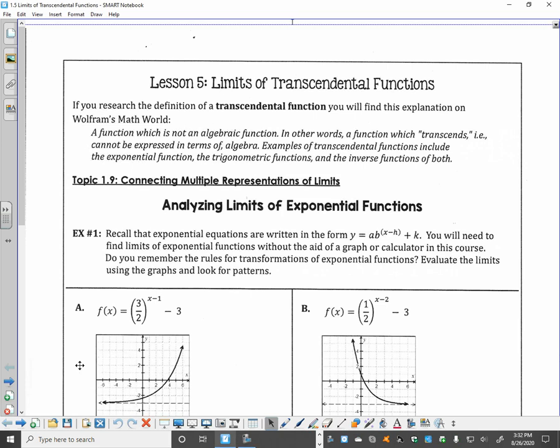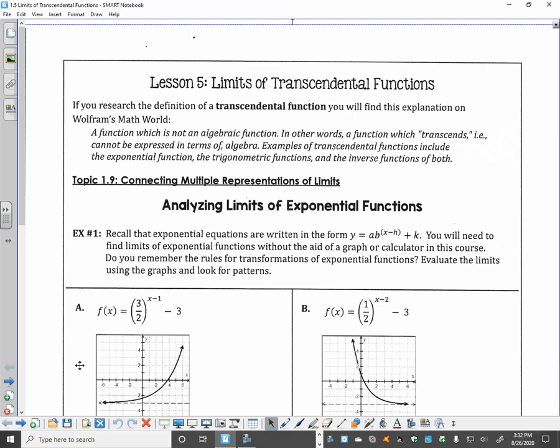Okay, so we're going to talk about limits of transcendental functions. Transcendental functions are your e's and your logs and your trig. In my mind, when I hear transcendental functions, it's the odd guys, the non-normal functions, your non-base functions.